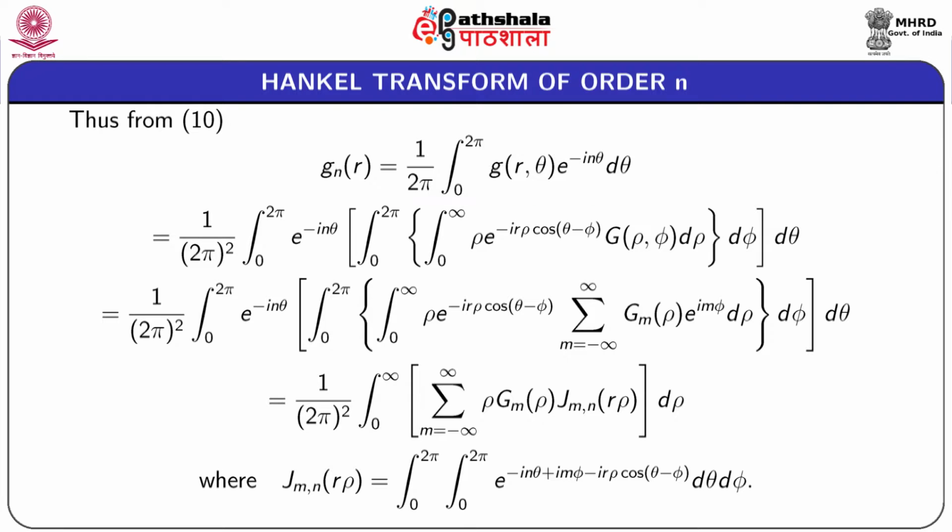Now we substitute in this integral the expression for small g r theta from here, so that we obtain an expression: 1 by 2 pi whole square integral from 0 to 2 pi e to the power minus I n theta, integral from 0 to 2 pi, integral from 0 to infinity rho e to the power minus I r rho cos theta minus phi capital G rho phi, d rho d phi d theta.